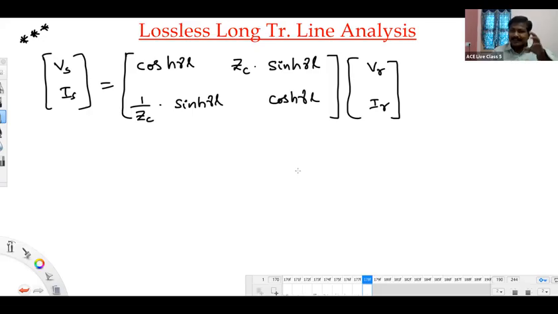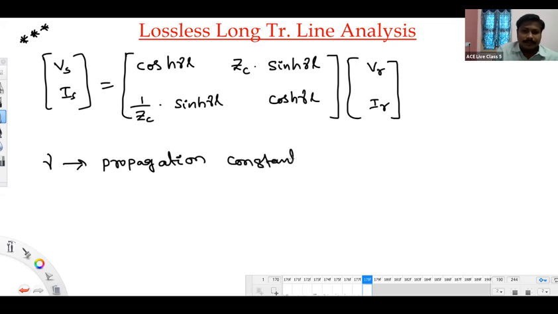Let's recall these terms quickly. What is gamma and what is ZC? Gamma is called the propagation constant, and gamma is equal to root of small z into y.